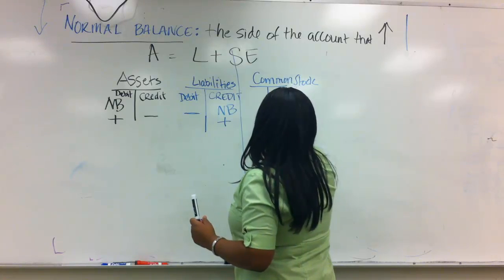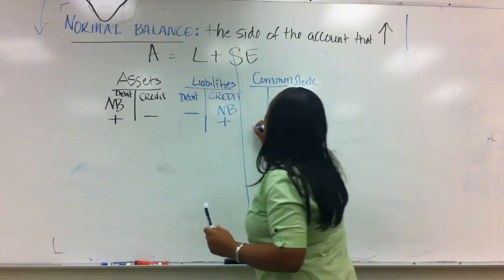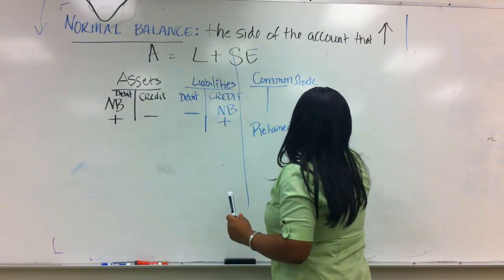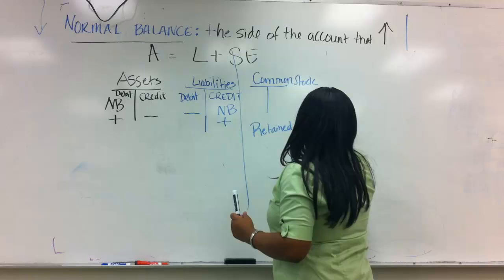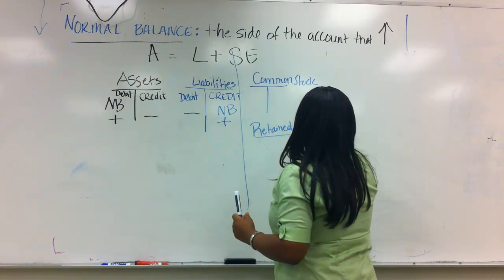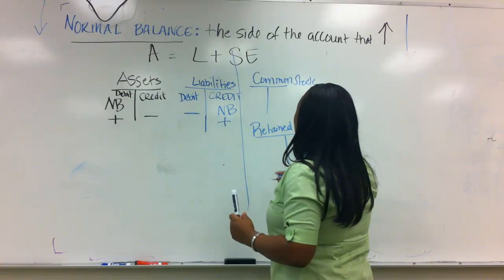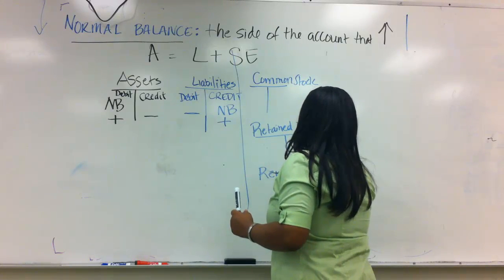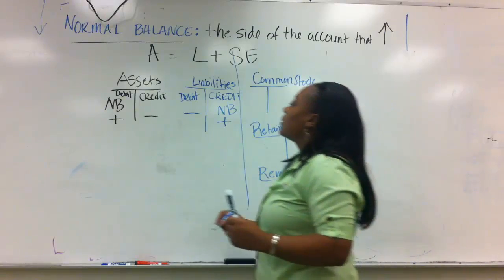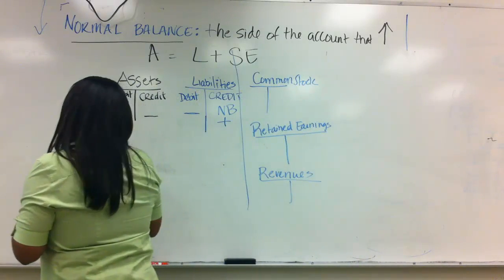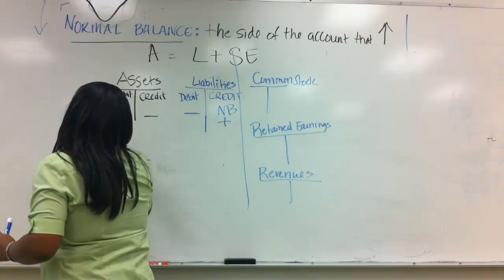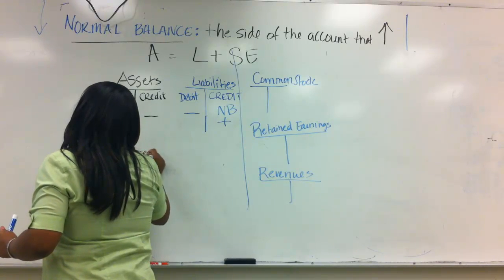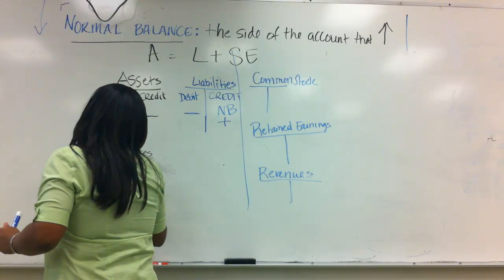We have retained earnings. We have revenues. We have expenses. And we have dividends.